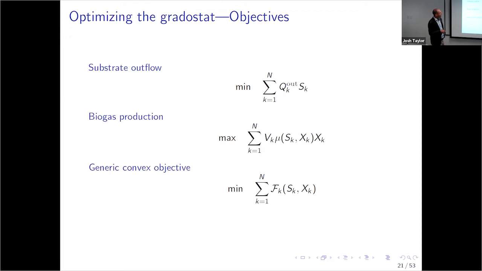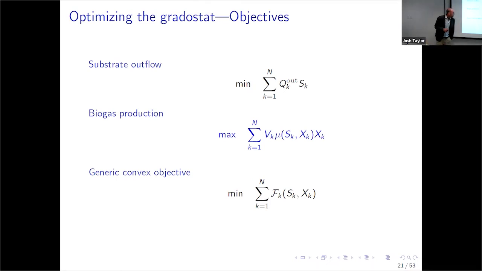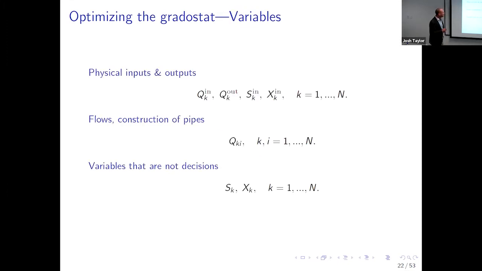Actually, under some conditions, these are equivalent, because the production of biogas is proportional to the microbial growth in all the chemostats. Or we might just have a generic convex objective. All of them are fair game. I'll just go with this one for now, since some of you study energy. But really, it could be any of them.